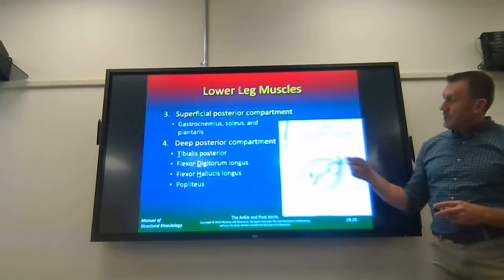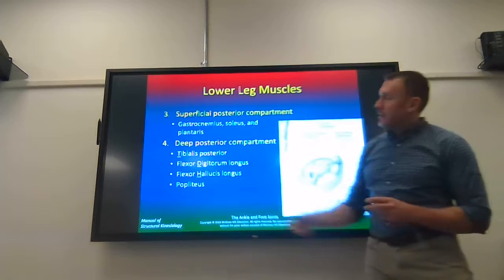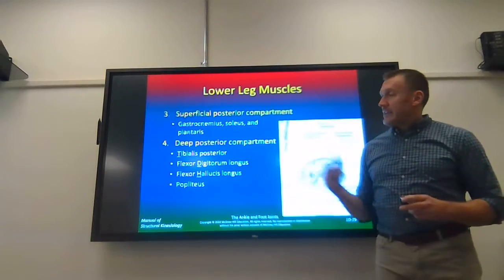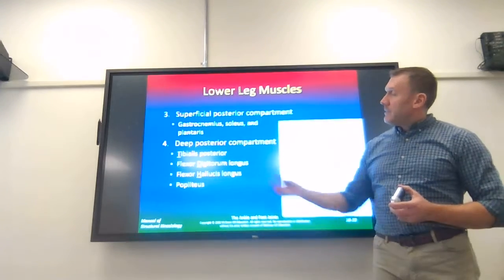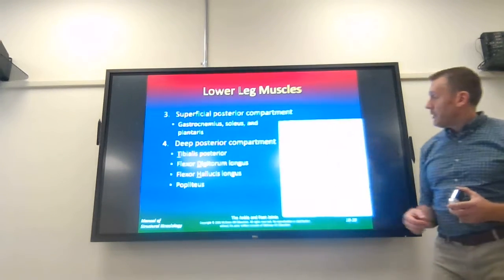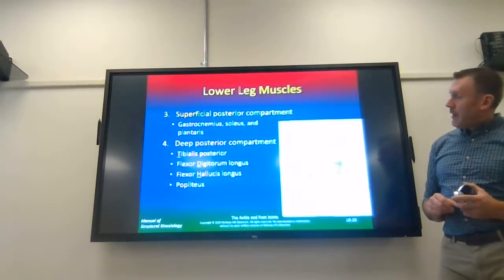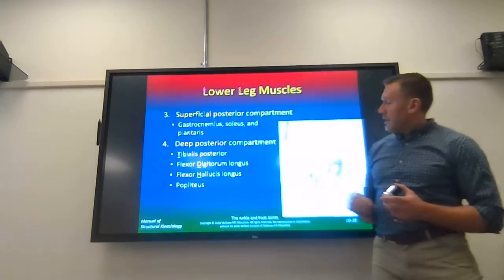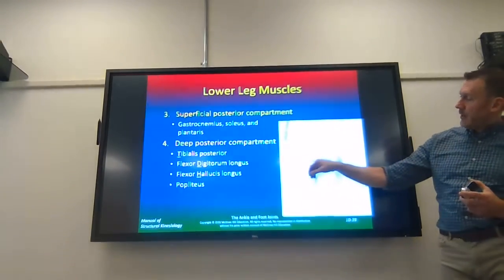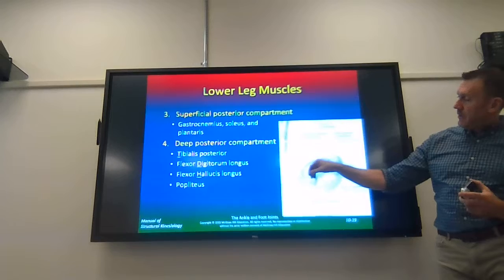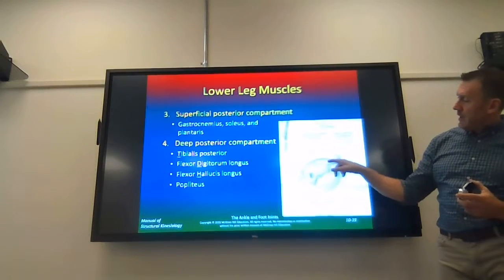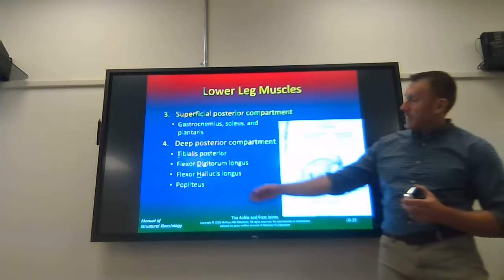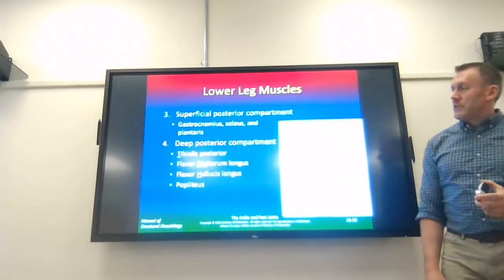So the deep posterior compartment, remember TDH, Tom, Dick, Harry muscles from this textbook. Tibialis posterior, which is here, and then the flexor digitorum longus, which is a little more medial, right here. So tibialis posterior, flexor digitorum longus, and then just behind that would be the flexor hallucis longus.